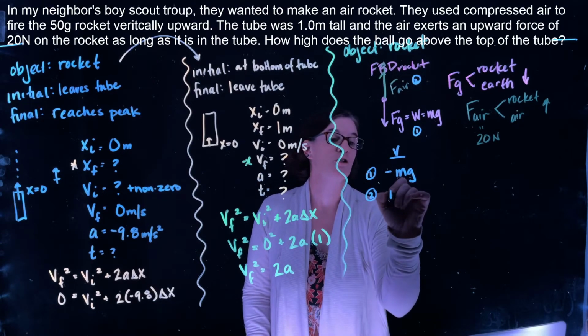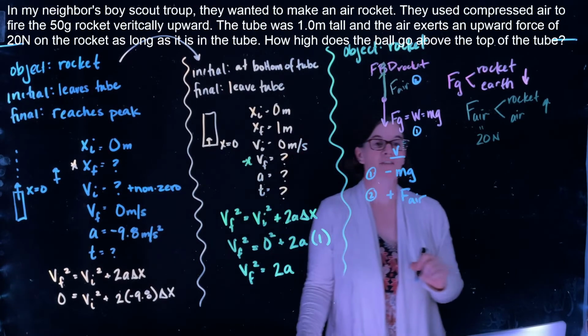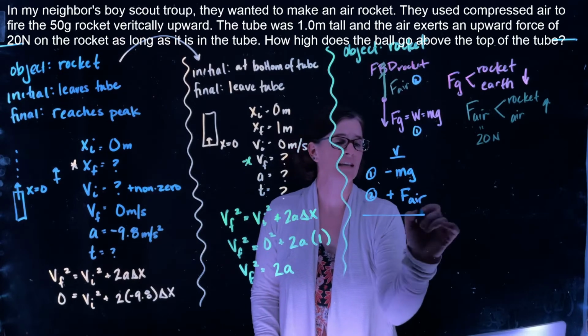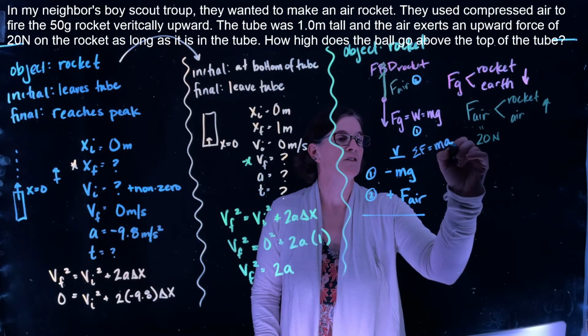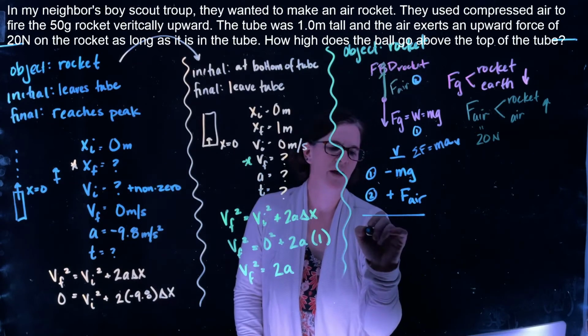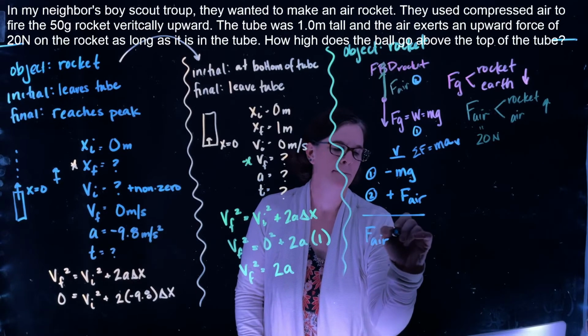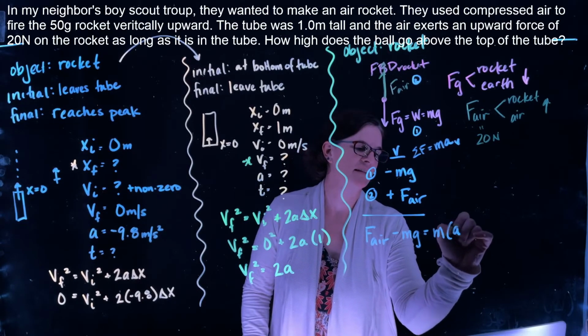And force number 2 is in the positive direction, that's the force of the air. My next step is to sum my forces and set them equal to mass times acceleration in the vertical direction. So I have the force of the air minus mg is equal to m times the acceleration.